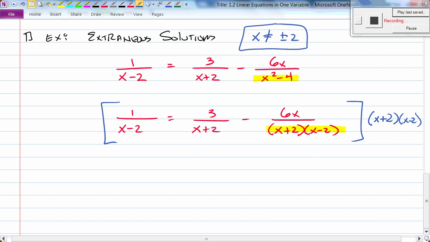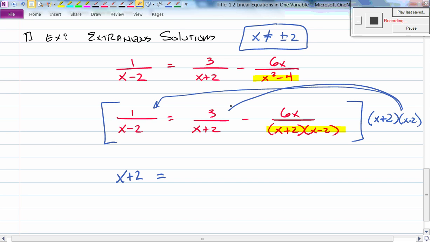Here's what's going to happen. When I multiply this times the first piece, notice what part goes away? The x minus 2. So all I'm left with is the x plus 2. Equals, when I multiply this times this term, what part goes away? The x plus 2. So I'm left with a 3 times an x minus 2.